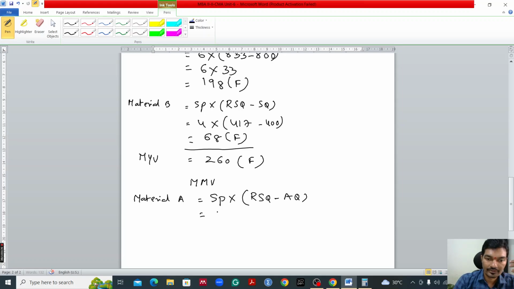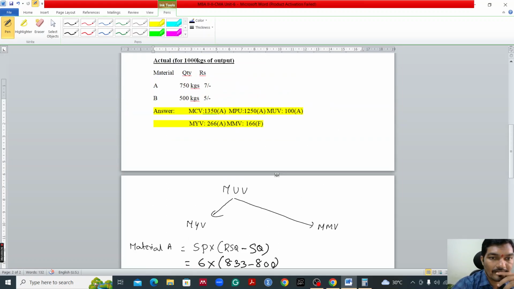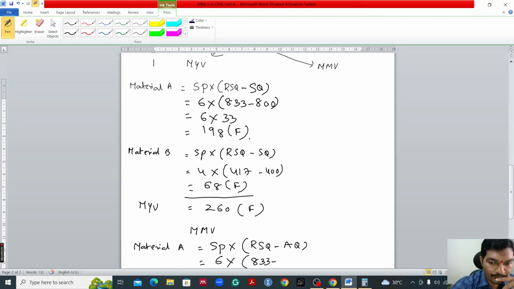Standard price 6 rupees, the revised standard quantity is 833, the actual quantity is 750 units consumed.